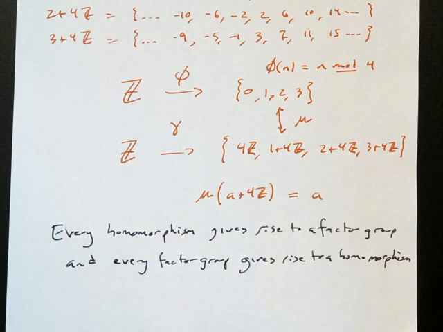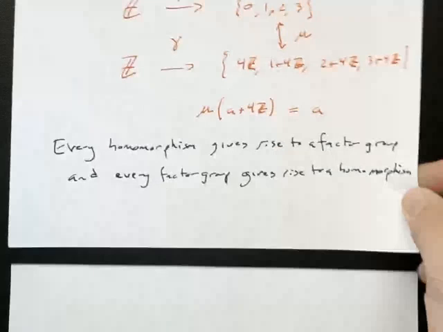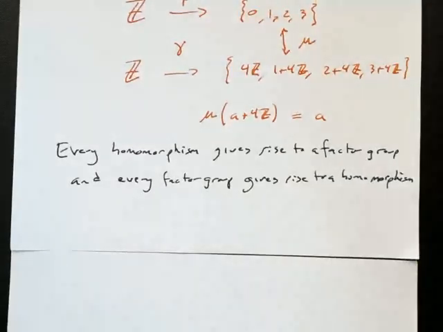Every homomorphism gives rise to some factor group, and every factor group has built into it some homomorphism. Now, it may be an absolutely weird method of describing a homomorphism to give the factor group first, but there are cases where we want to look at a factor group and try to analyze what its structure is. I promise there's a reason for that.